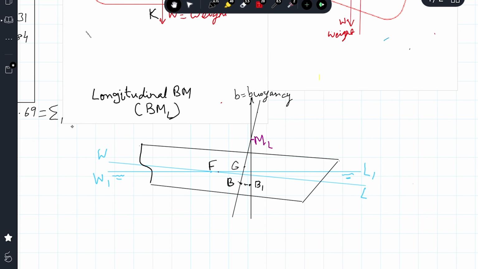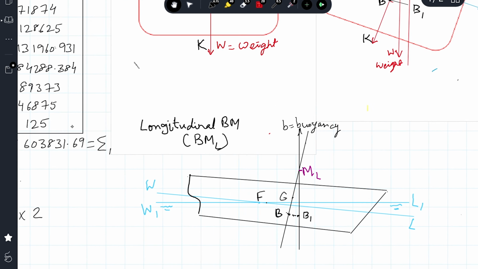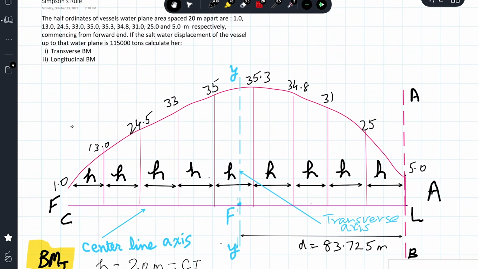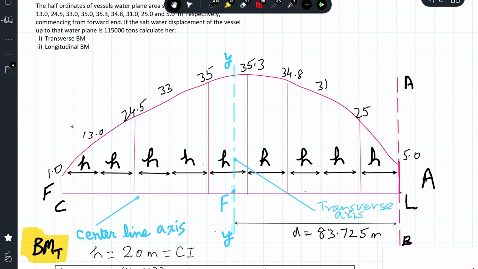Now, the second important thing is the axis of rotation. When the ship is rolling, that is transverse movement. In that moment, what is the axis about which the ship is rotating?